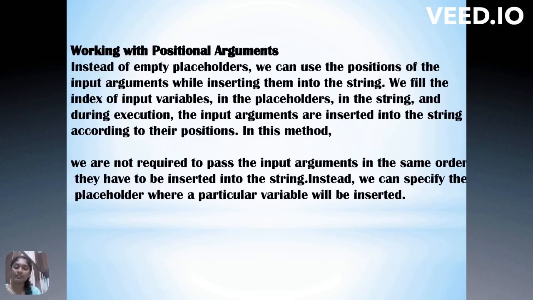In this method, we are not required to pass the input arguments in the same order they are to be inserted into the string. We can specify the placeholder where a particular variable will be inserted.